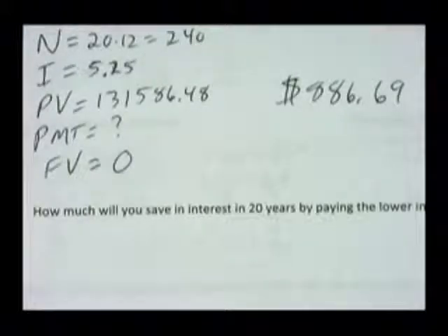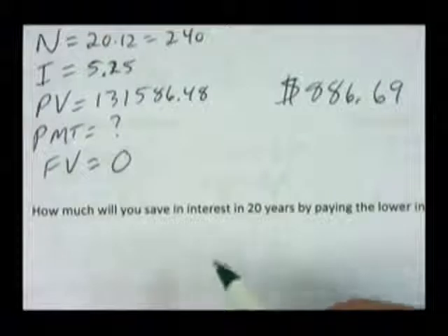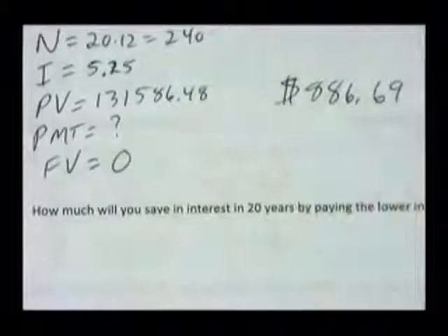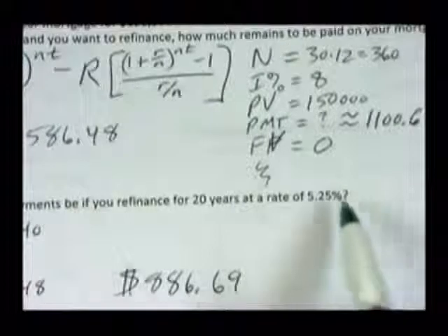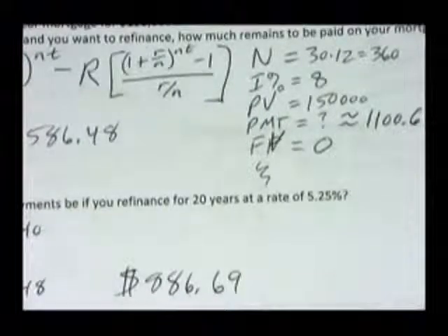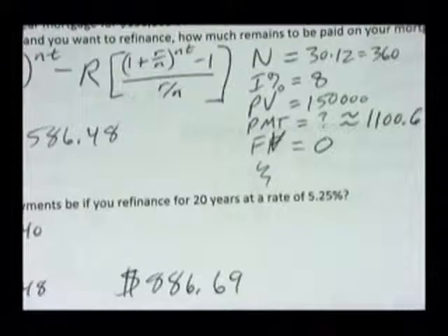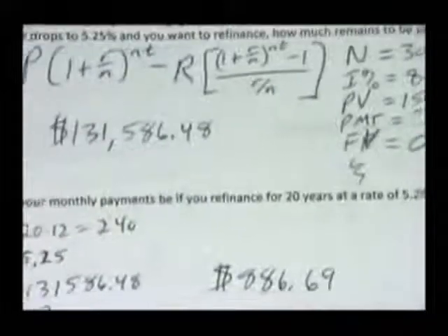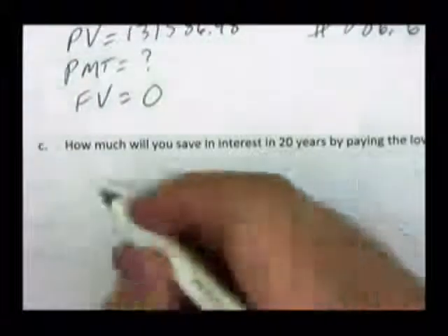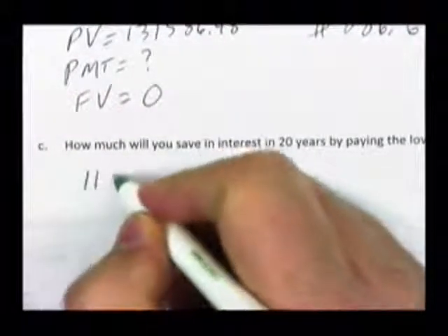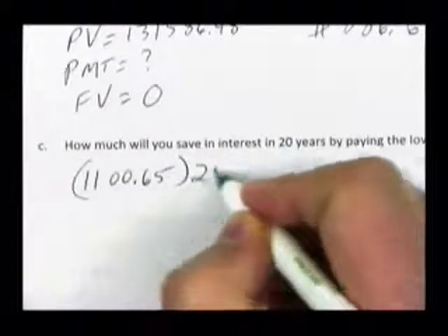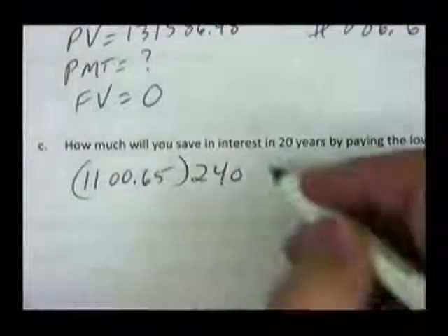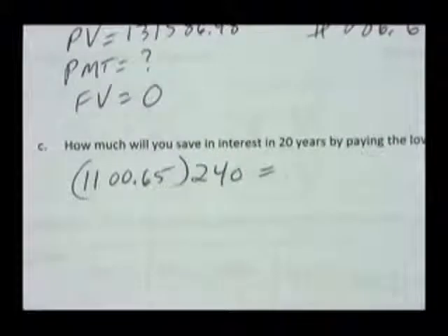Well, if we look at how much we would pay over 20 years using this first rate up here, we were paying $1,100.65 every month. So if we look at how much we would pay over the 20 years for that amount, we would have 1,100.65 times the 240 months that we're looking at.